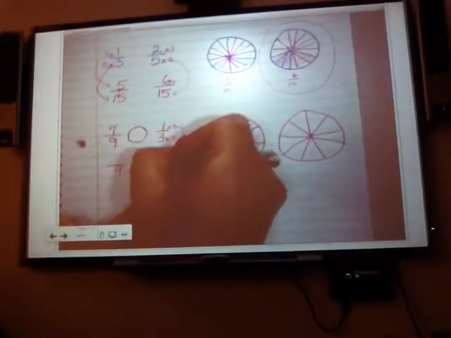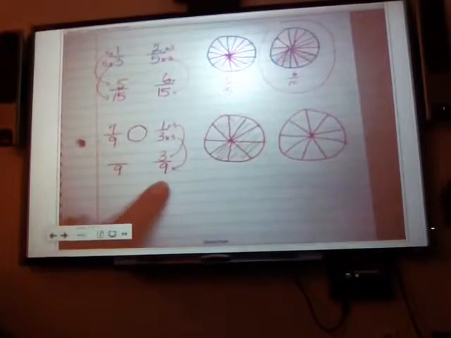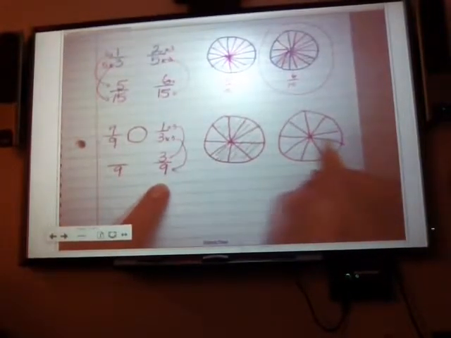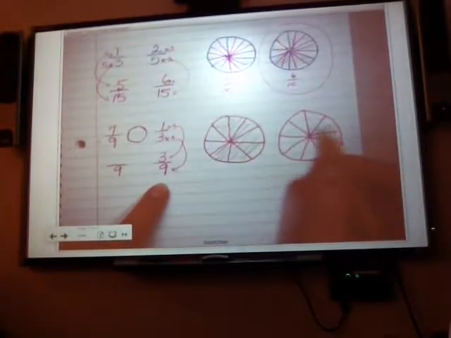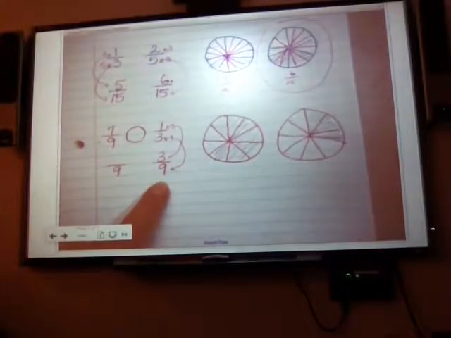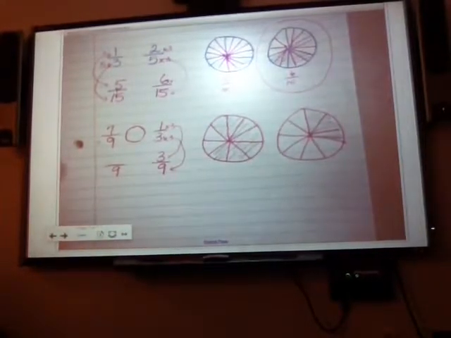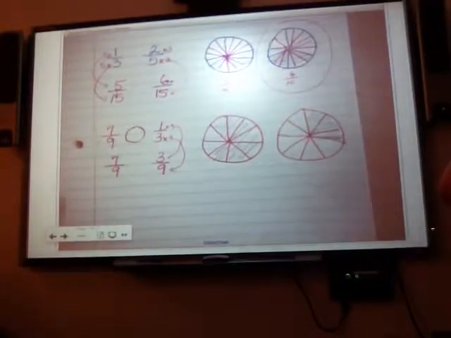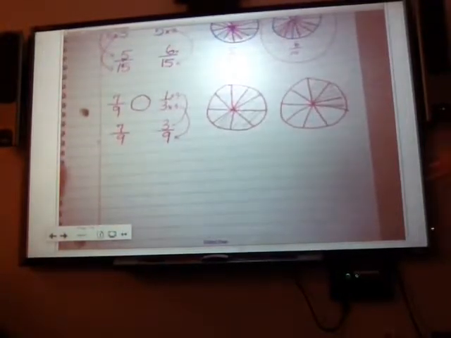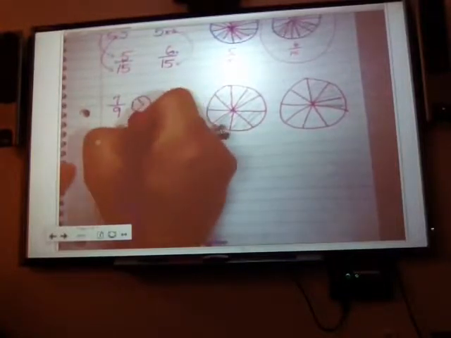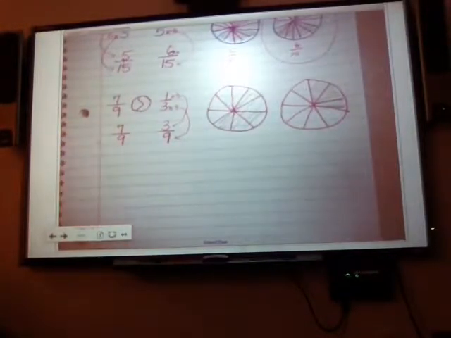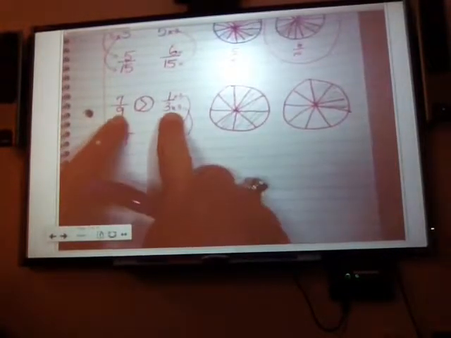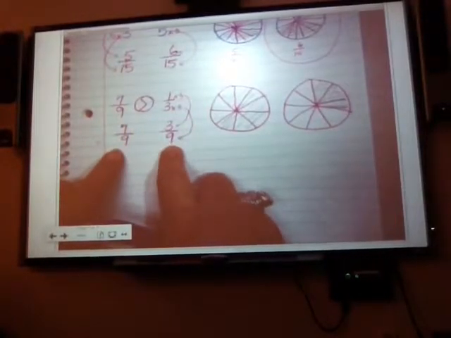Therefore, 1 times 3 is 3. So really, 3/9 is the same or equivalent to 1/3. And I did nothing here. So which one is larger, 7/9 or 1/3? 7/9. Again, comparing fractions, they were not apples to apples, making them apples to apples using our common denominator.